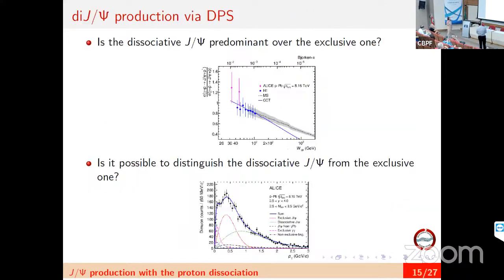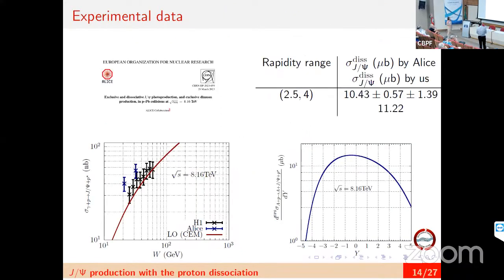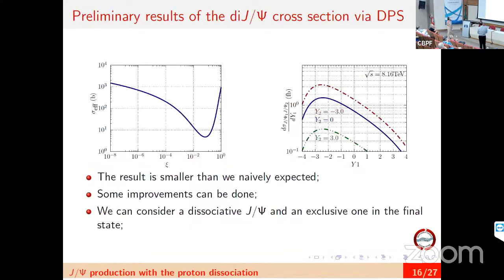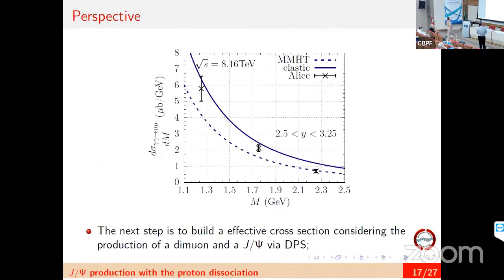With the muon together with the dissociative J-psi, we can get some DPS cross-section that is more available to be measured in an experiment.